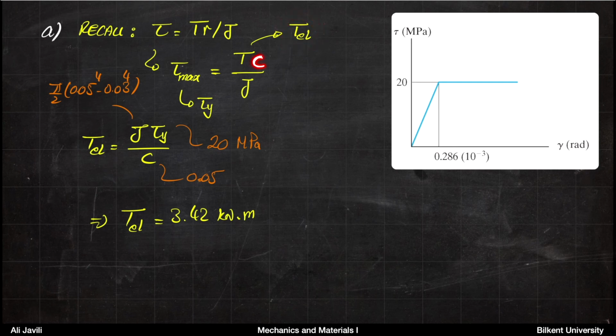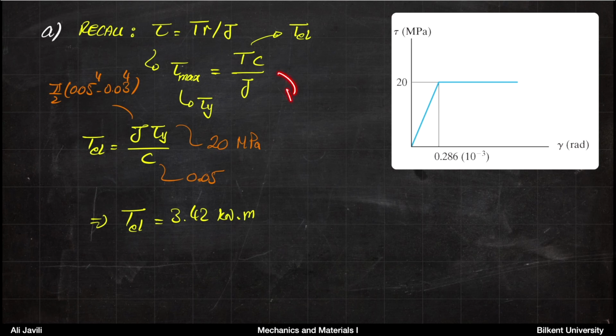R would be C, that's R max. And if we have R max, then we are talking about the tau max. And now because it is the maximum elastic torque, tau max must be the same as the yield stress tau y. So that's all you have to do. If you insert these numbers, you can calculate T elastic.